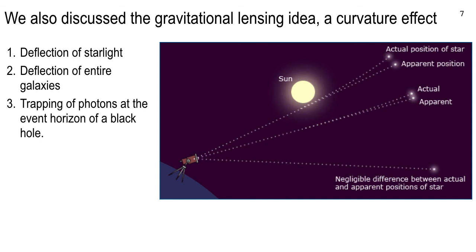Now, last time we talked about the deflection of starlight. Here's a diagram of it, and we said that if you observe, for instance, the stars that are near the sun during a solar eclipse, when all the glare of the sun is blocked by the moon, then you can sometimes see and measure the deflection of starlight. In this diagram, the key is this idea of actual position and apparent position.